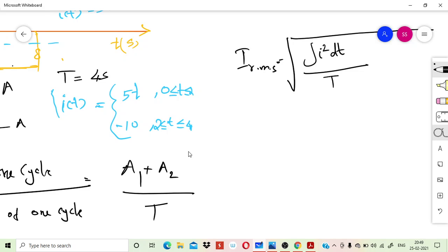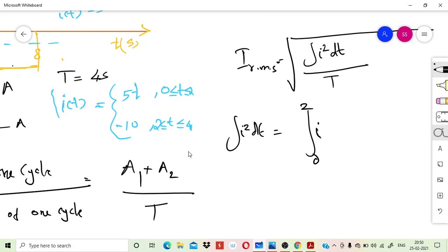Here I have to split the integral I square dt into two intervals, so two integrals will be there. Because I of t is defined for two intervals in two manners, 5t and minus 10, you have to split the integration.